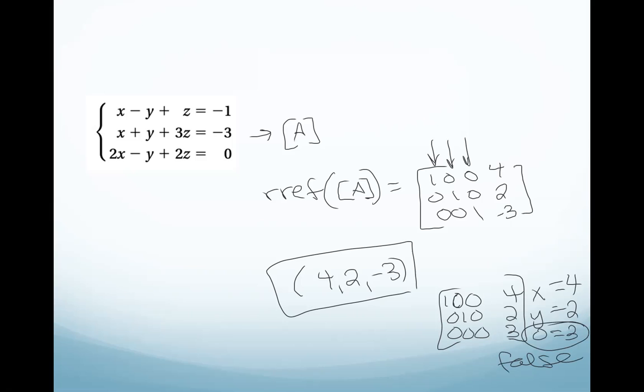So this would give me no solution. So just like before, we have to make sure we're interpreting our answer completely and not just looking at this last column. This is a what if.